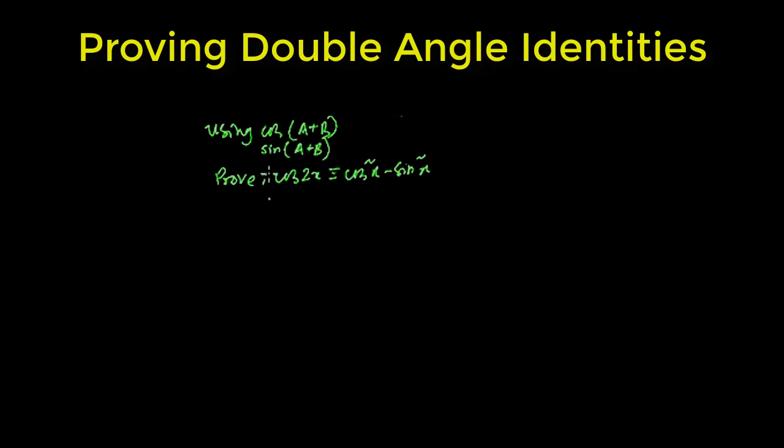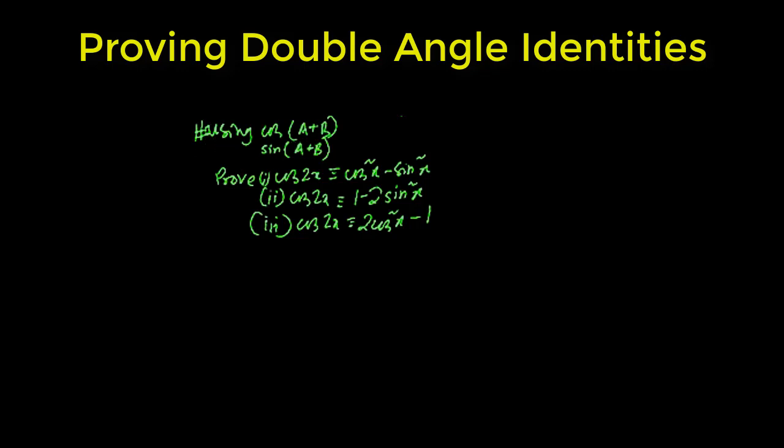It could be prove that cos 2x is identical to 1 minus 2 sine squared x, or prove that cos 2x is identical to 2 cos square x minus 1. Doesn't really matter. If you can prove this, other two can be done by the basic trigonometric identities. Okay, so this is the first one and this is the second one.